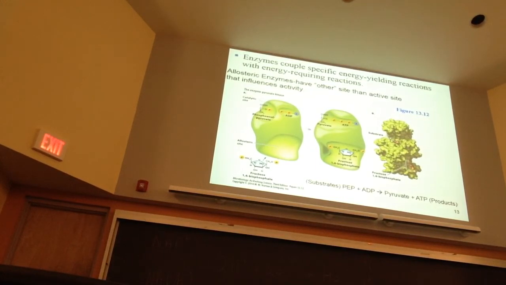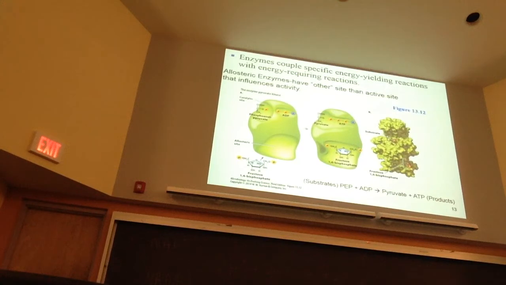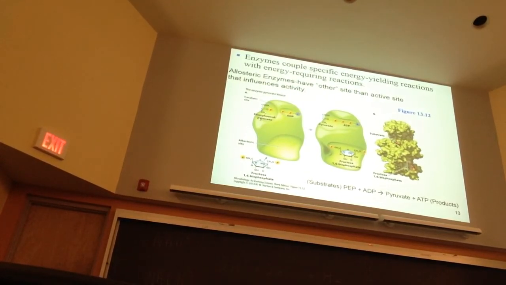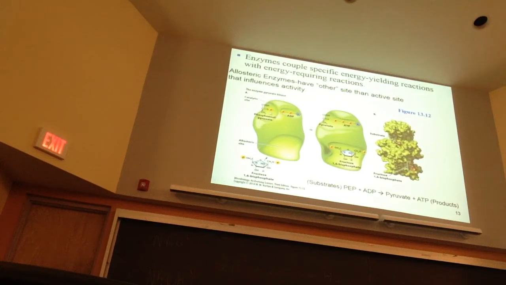Okay, so here is a pretty nice diagram in your text that shows you a typical enzyme involved in catabolism of glucose, and it's pyruvate kinase. And here are the active sites of the two substrates, phosphoenolpyruvate and ADP, the sites that bind the two substrates at one part of the enzyme.